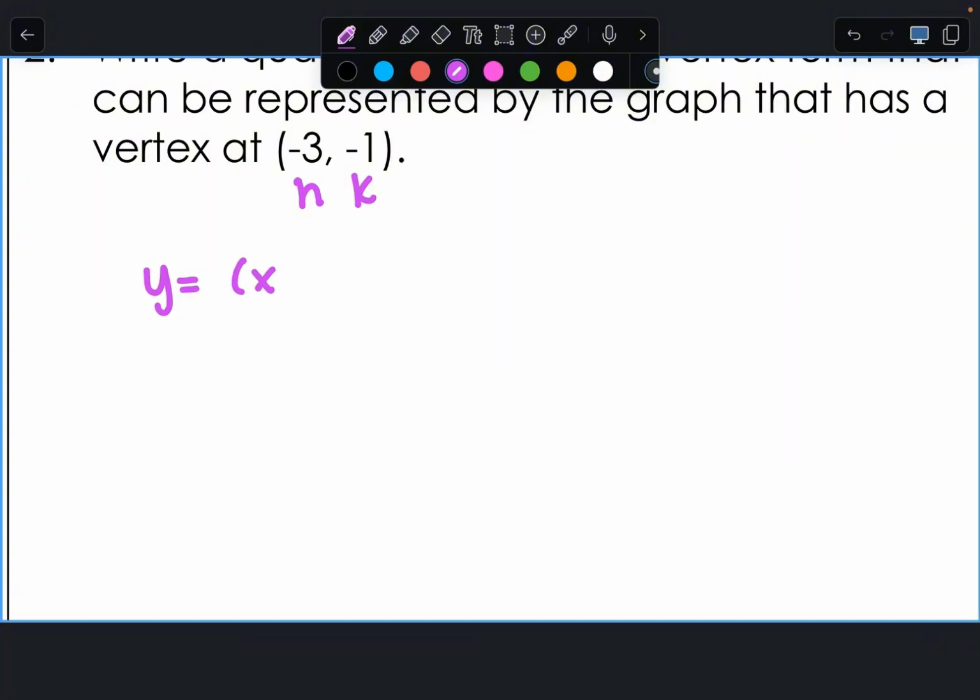Bring down your x minus. What do you plug in next to x minus? And because we plug in a -3, what happens? Turns it a plus. And put your -1 there at the end. So all we've done is plugged in H and K. Questions?